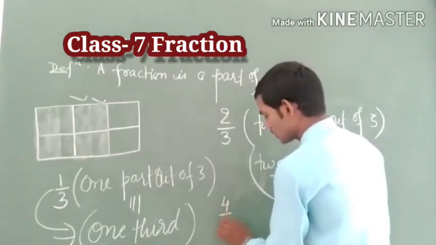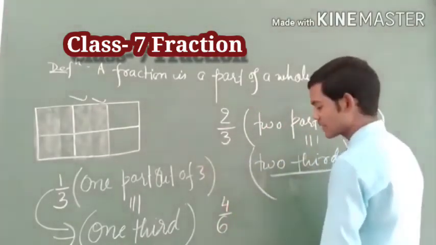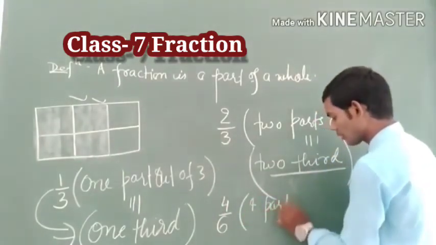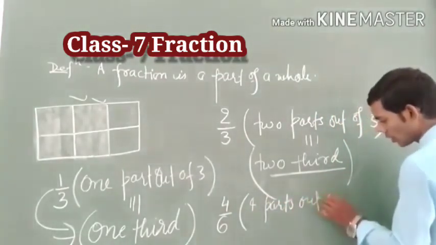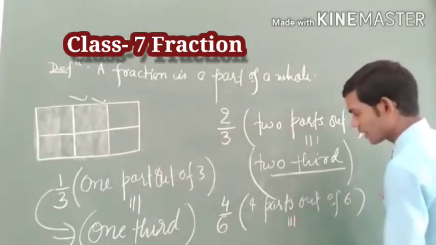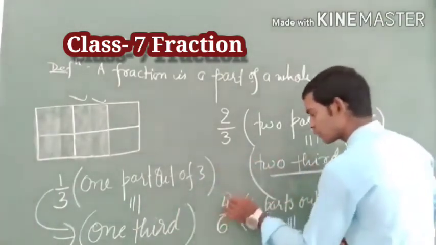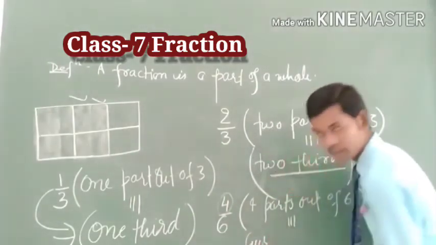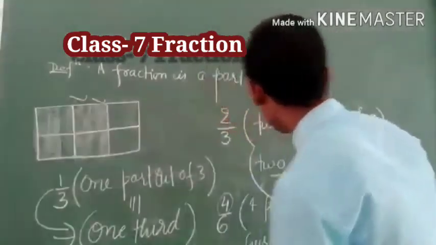So here we write 4 upon 6, which is the fraction 4 upon 6, and the meaning is 4 parts out of 6. And what will be the equivalent name? Here the numerator is 4, so we write 4. I think you can see, so let me write this on the other side.